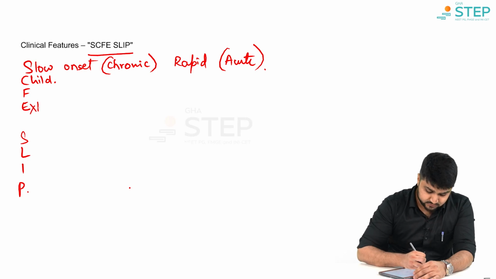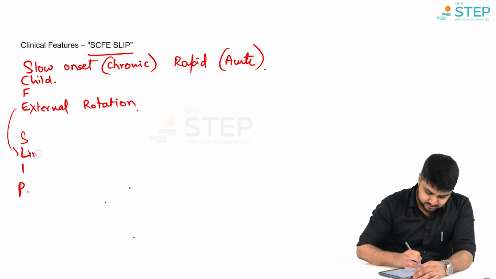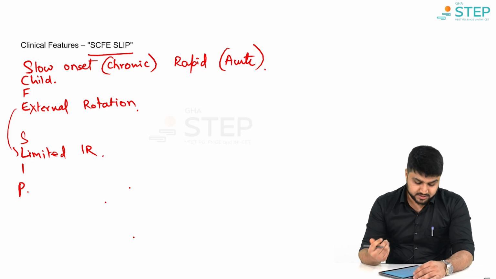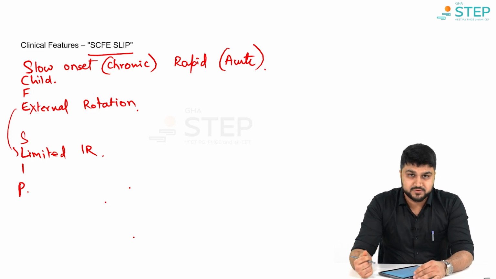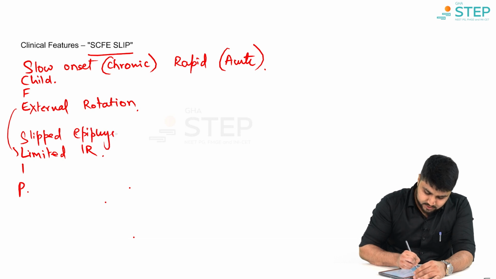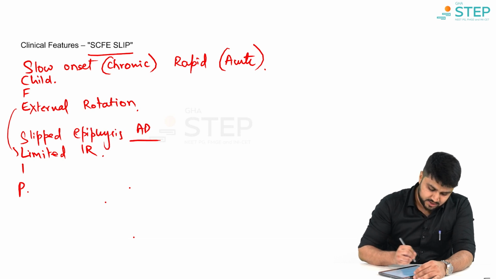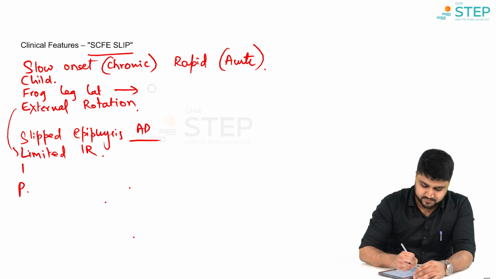Alright, they present to us with an external rotation deformity, and this will definitely result in limited internal rotation as well. So clinical features will be external rotation deformity and limited internal rotation. Next thing we'll do is radiological investigation, which will be a slipped epiphysis on the AP view, and frog leg laterals are taken for determining the severity.